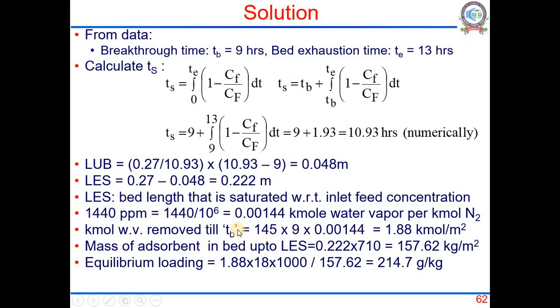Now this is using TB. We have not used TS, right? We are only using TB, just to be on the safe side. So this will tell you 1.88 kilomoles of water vapor is removed per meter square of the bed.